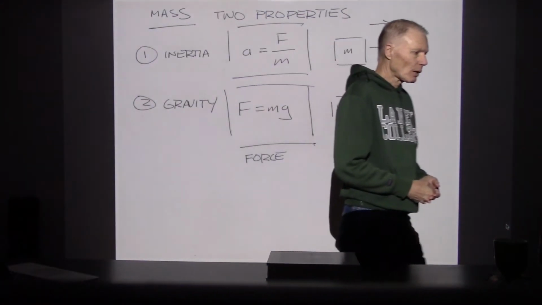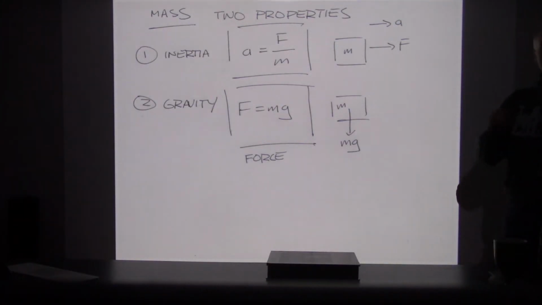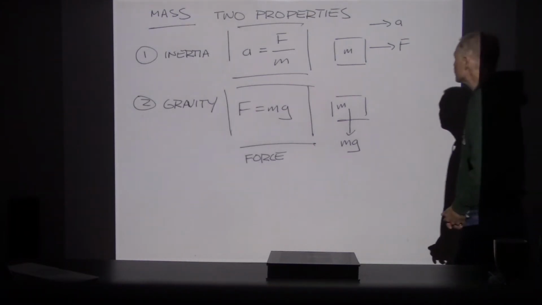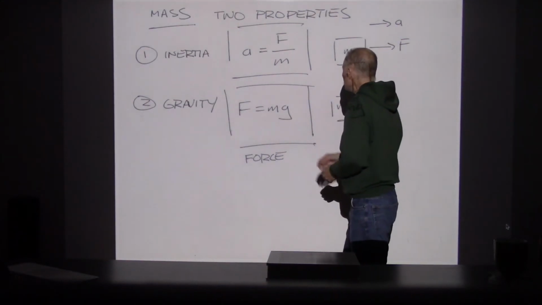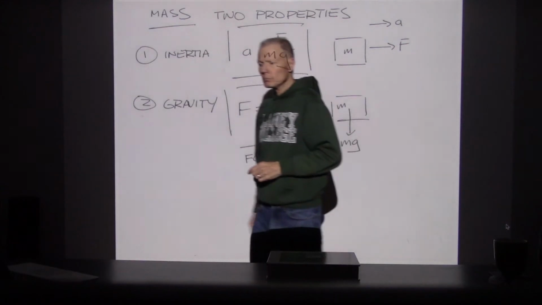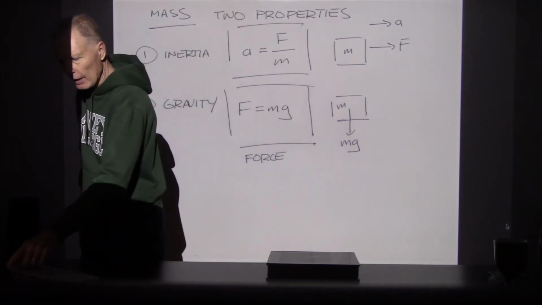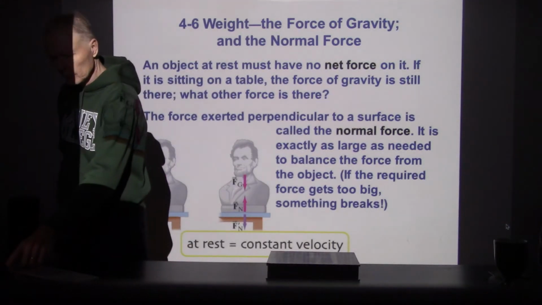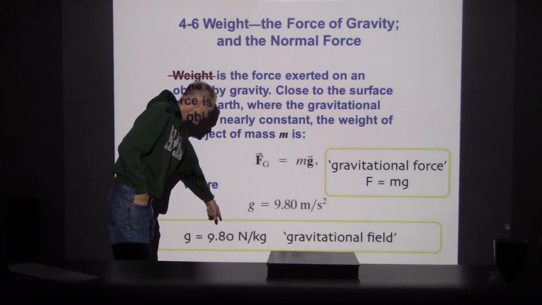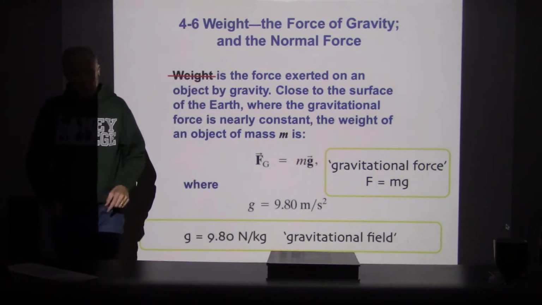We spend our lives, for most of us our entire lives, within a very narrow range of elevations along the surface of this planet. In that region, the gravitational force will be mg, where the gravitational field g is 9.80 newtons per kilogram.